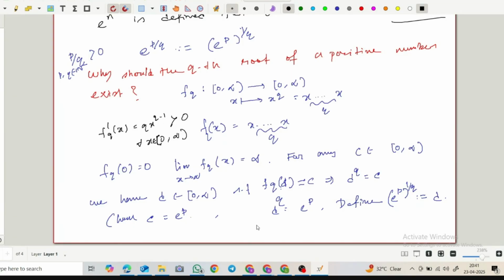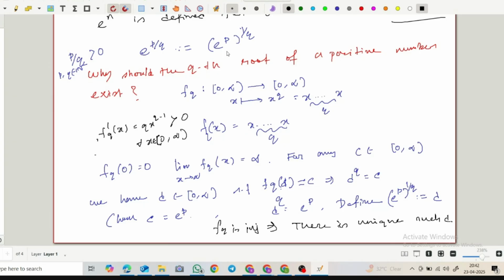So f_q is injective, which implies there is a unique such d. Because, I mean, we will have to check well-definedness. If there is d and d prime, which one should I take? So because of the injectivity, that dilemma is no longer there.